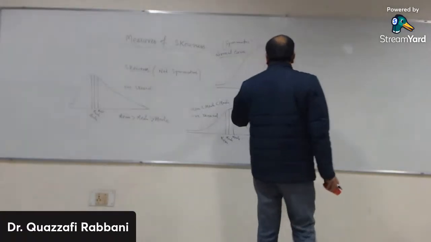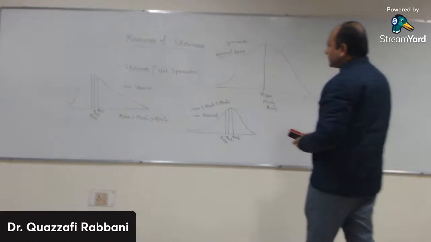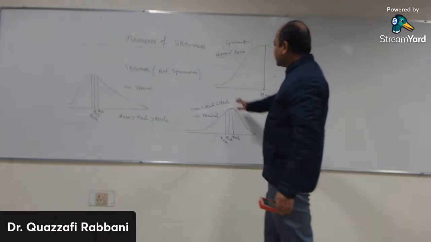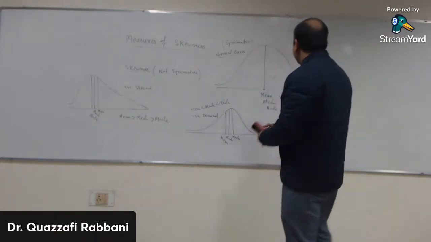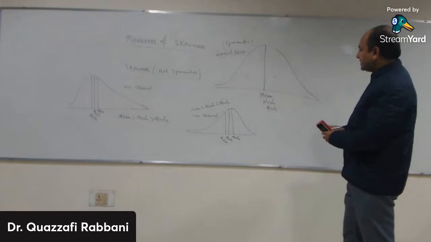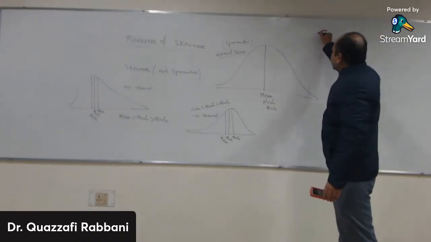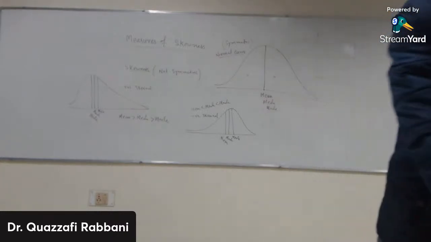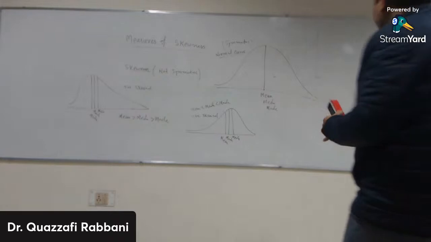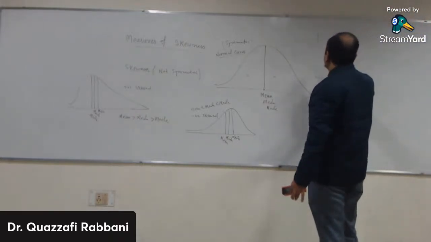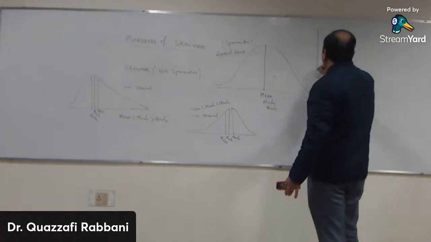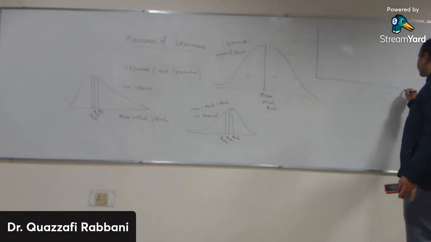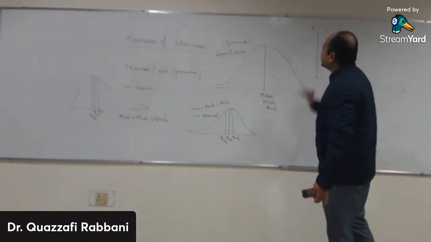If you collect the data and plot it on a graph, you will generally see a curve like this. Take an example. Suppose this is the x-axis and this one is the y-axis.